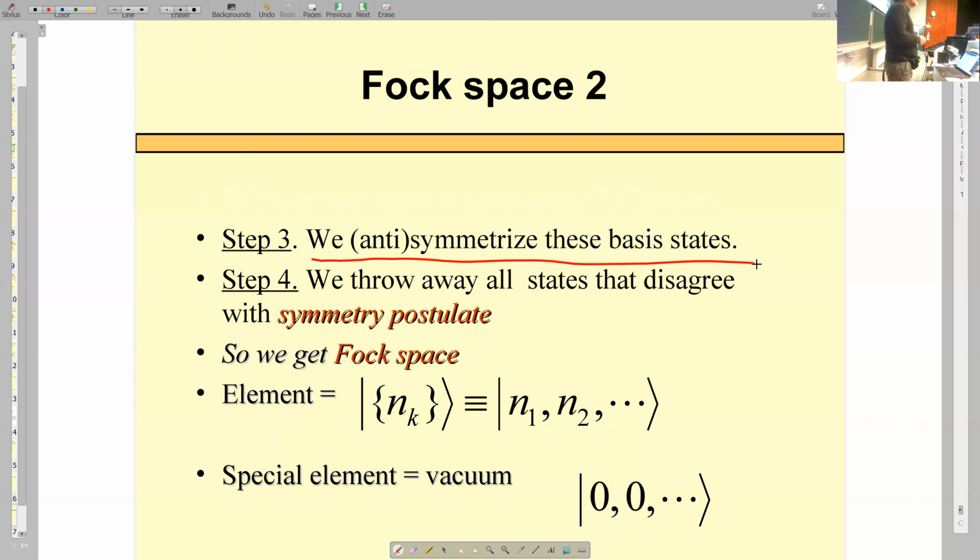Then it is time to clean up. We throw away all states that disagree with symmetry postulate. So for each choice of occupation numbers, we end up with a single state. What we get is a Fock space.